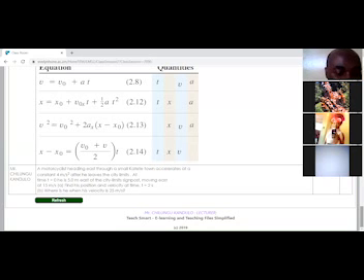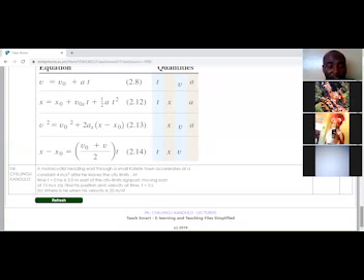The question is, find his position and velocity at time t equals 2 seconds. So you have your acceleration, the initial position, and the initial velocity. Then they ask you for the final velocity and the final position.